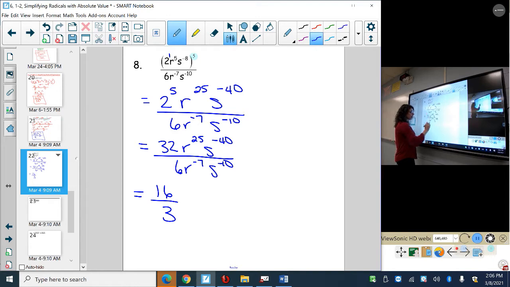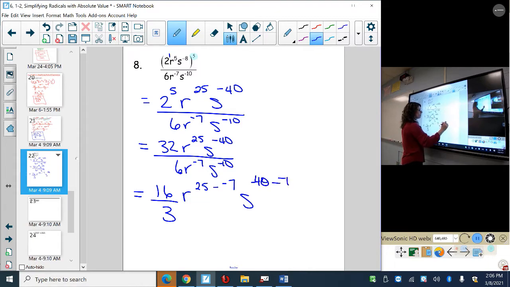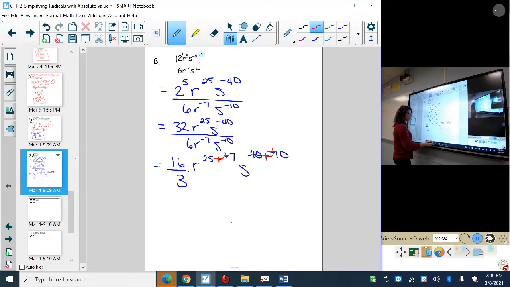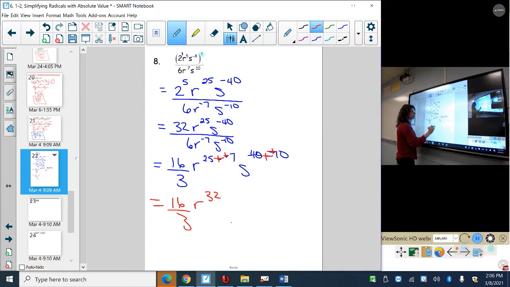We're going to subtract these exponents, r to the 25th minus negative 7, negative 40 minus a negative 10. A double negative creates a positive in both of these. So I have 16 over 3, r to the 32, s to the negative 30.